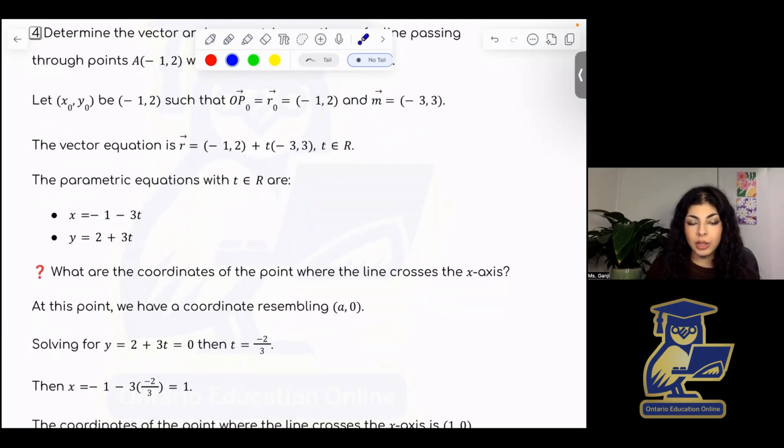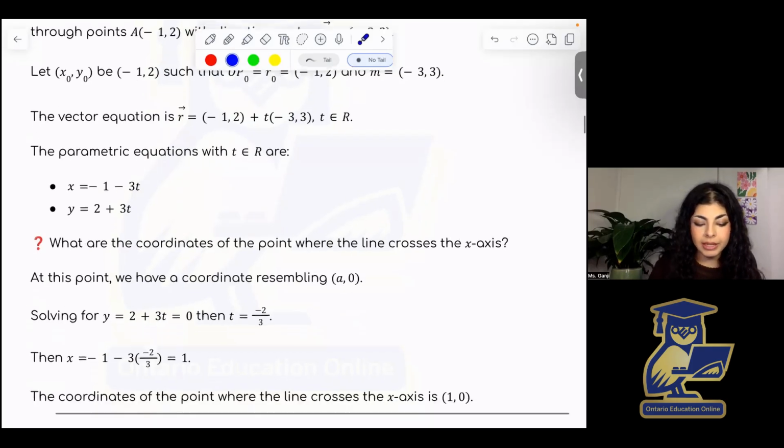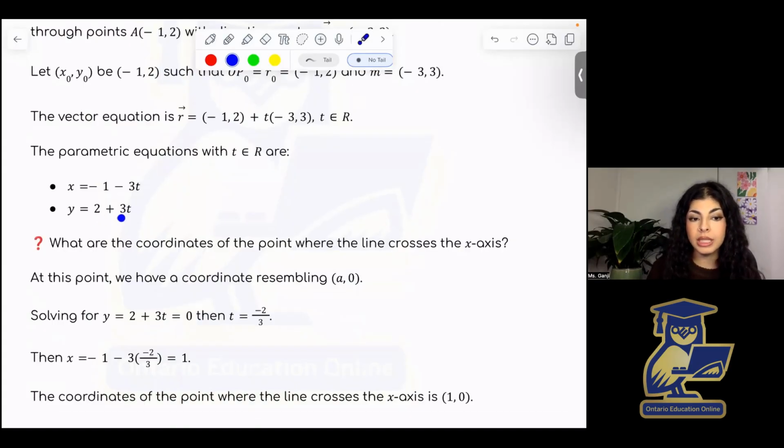Now for this equation, we're asked, what are the coordinates of the point where the line crosses the x-axis? So similar to how we work with lines, at the point where the line is crossing the x-axis, we have a coordinate that would look like (a, 0). So our y component is going to be equal to 0. Our y component here is given by 2 plus 3t.